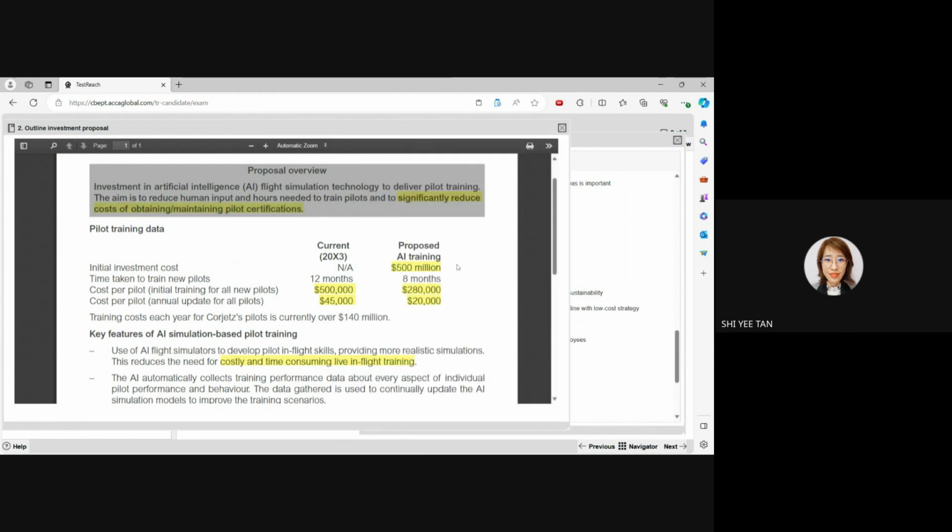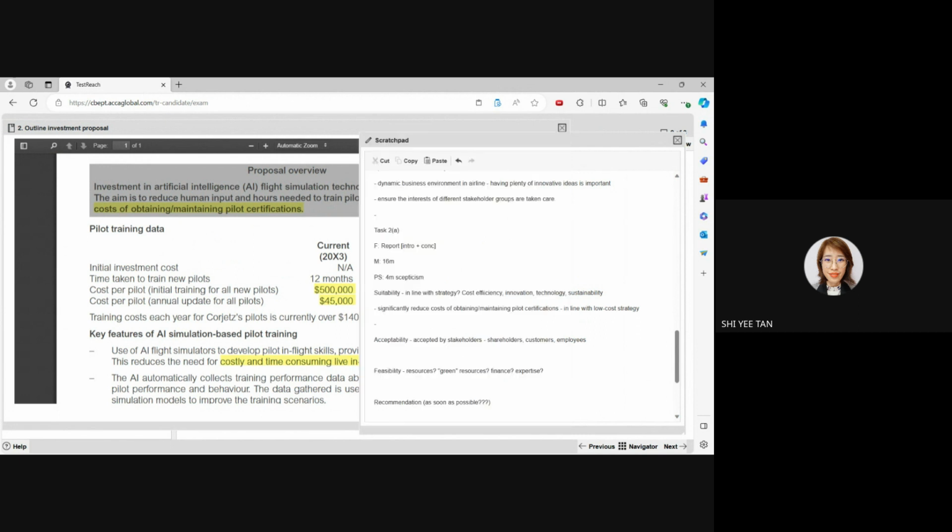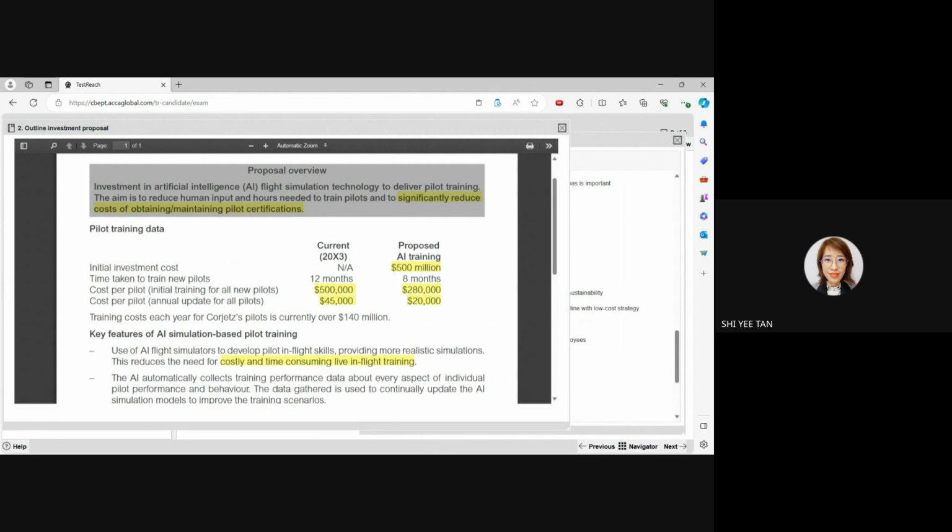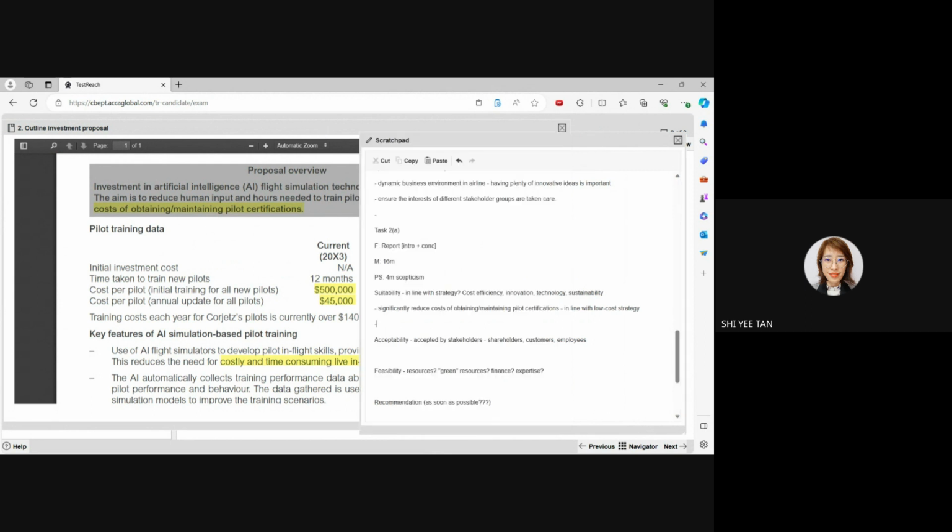However, the initial investment cost is quite high. That is something we can challenge, because with AI you have to come up with the cost now. Plus, remember there's volatility in fuel cost and ground handling cost. So it may not be a good thing to invest in this technology now, given that the investment cost is so high. So I will write: however, initial investment cost is high.